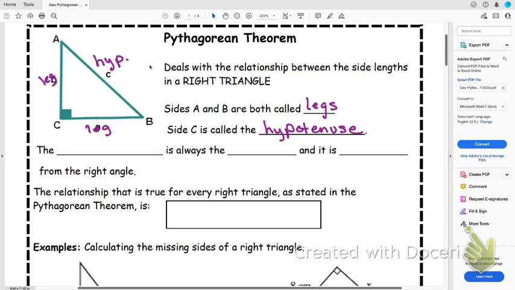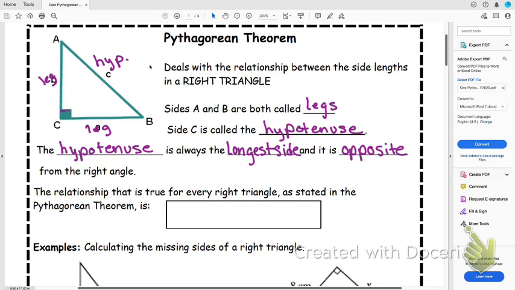The hypotenuse is always the longest side and it is opposite from the right angle.